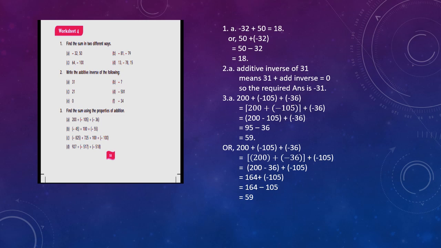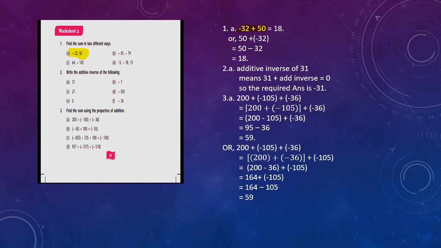In question number 1, find the sum in two different ways. You can write it in two different ways and simply find the answer, like minus 32 plus 50.